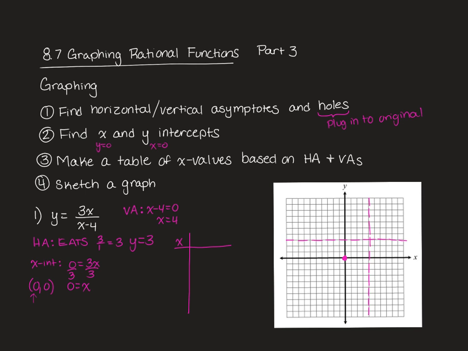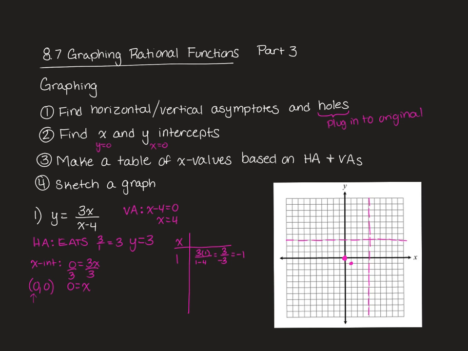To the left of 4, I already have 0. So let's look at 1. 1 is kind of an easy number to plug in. So in my equation, I will have 3 times 1 over 1 minus 4. 3 times 1 is 3. 1 minus 4 is negative 3, so I get negative 1. That's my coordinate point. So at 1, we're at negative 1.